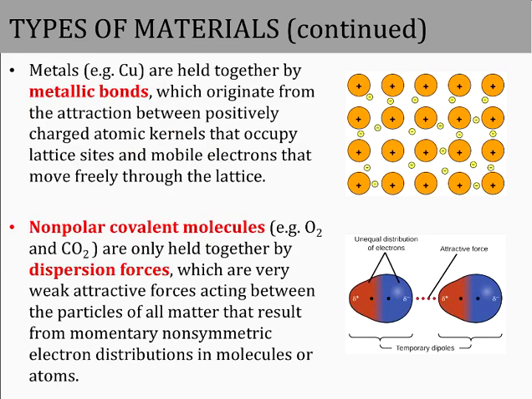So if we have, let's say, a sample of lithium, so just pure lithium, what ends up happening is all of those lithium atoms that are right next to each other are going to form what's called a sea of electrons.